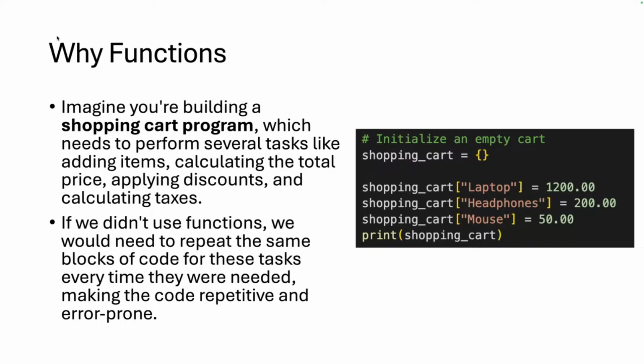Imagine if for every single person who came to use our website or our shopping cart program, we didn't have a function. We would have to add items for every single person that came to the website, figure out how to calculate the total for every single person, and apply discounts for every single person. And it would be a lot of code. We would have to repeat a lot of the same code every time we needed to do it.